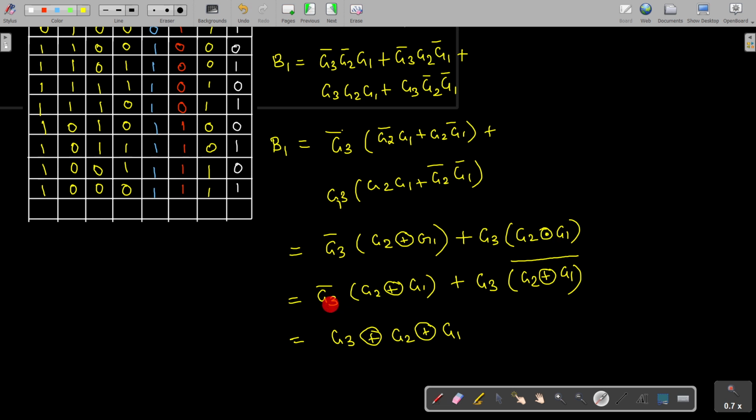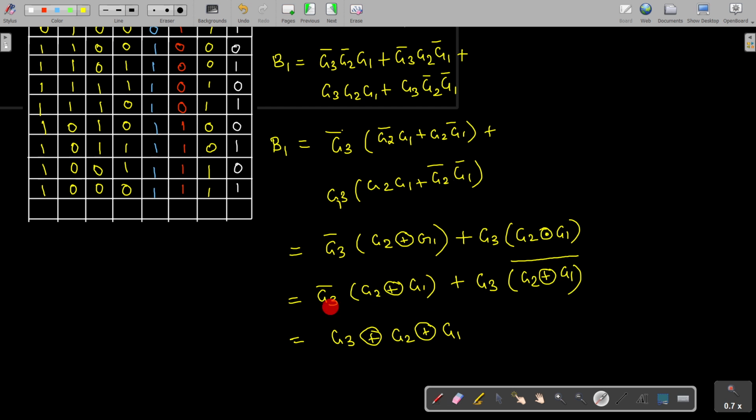Then we can go for the next step. In this we write this as G3 bar ANDed with G2 XORed with G1, plus G3 into, here you see it is the XNOR function, isn't it? That can be written as XORed with the bar. So G2 XORed with G1, the whole bar.